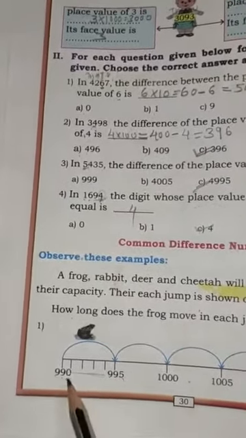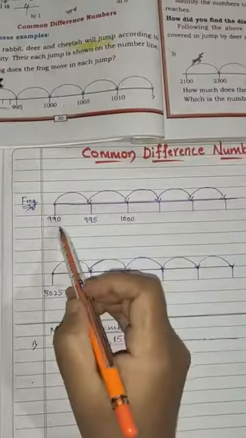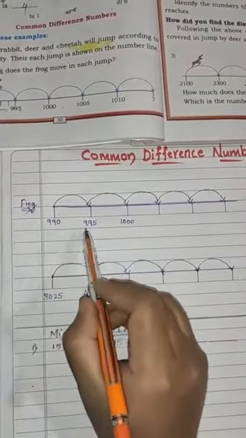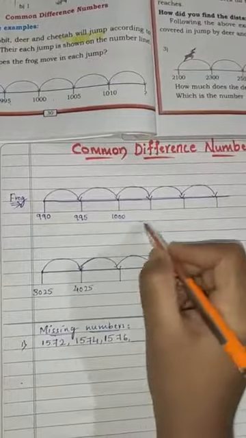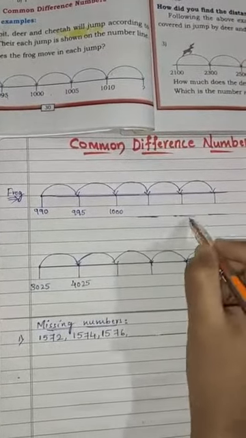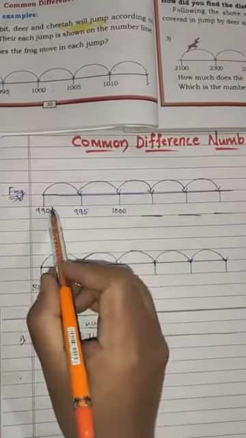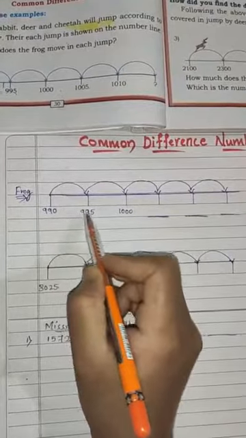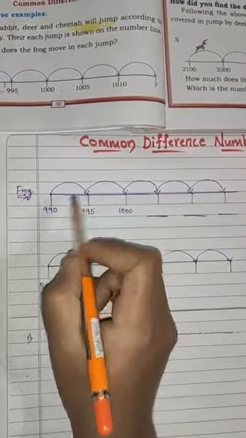Okay. So here is an example. 990, 995, 1000 and here are the gaps. We have to fill these gaps with the suitable answers. So first, to see the difference between where the frog started and where it jumped to, what do we have to do?